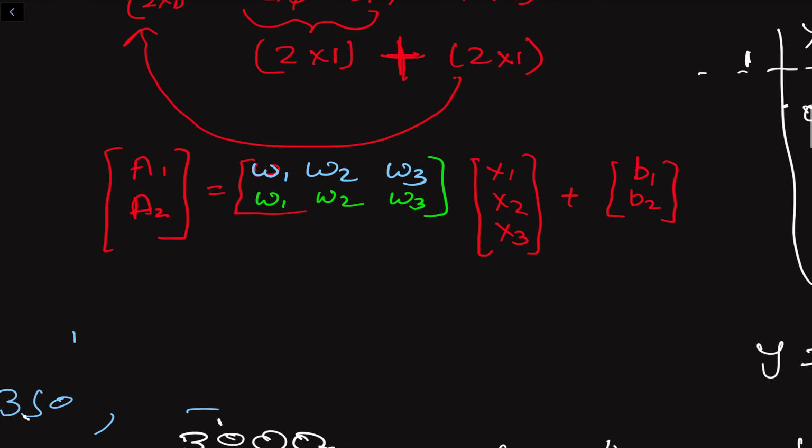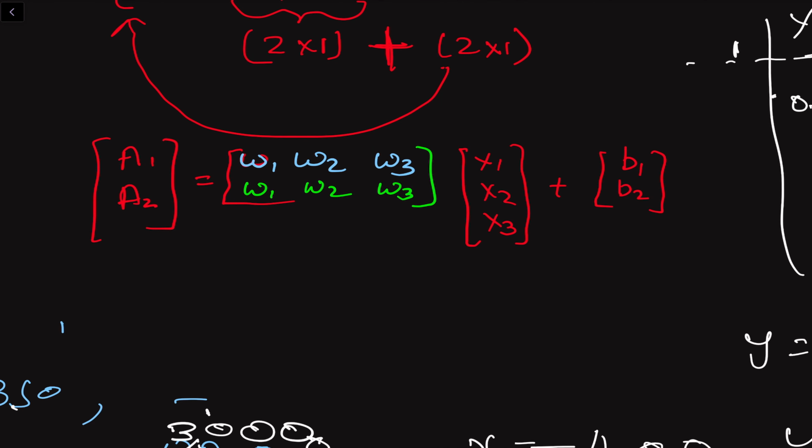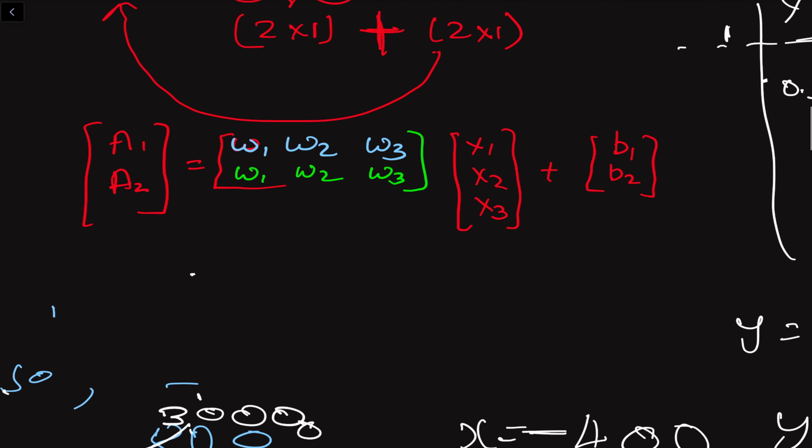All right, so when we expand this, we can write the resulting matrix of this dot product as W1 X1 plus W2 X2 plus W3 X3. Okay, that's it.